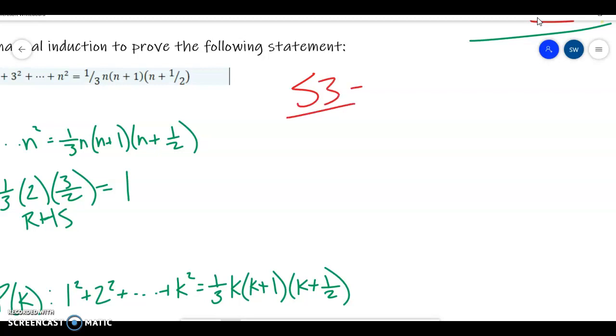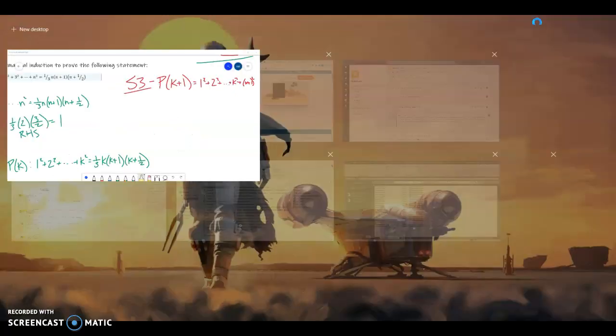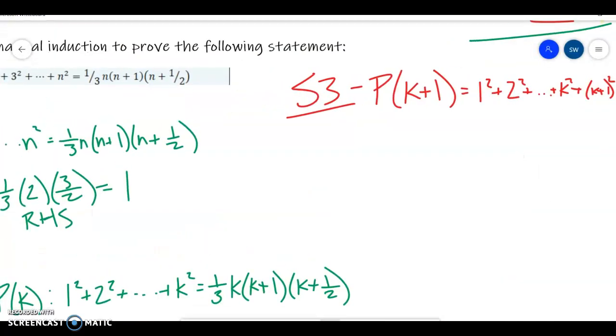We're trying to do the k plus 1th term. So the k plus 1th sum is obviously 1 squared plus 2 squared plus ... k squared, and then the k plus 1th term squared. And remember, you are always using the assumption statement in step 3.